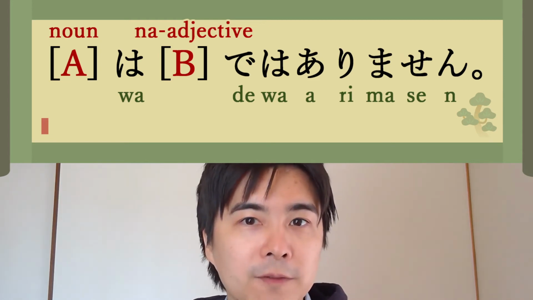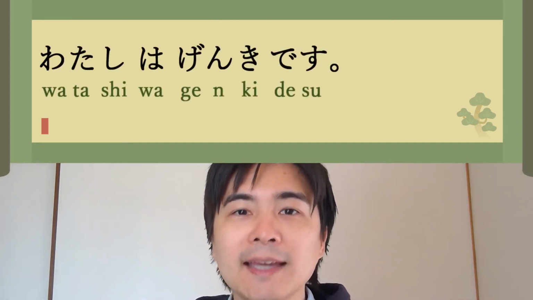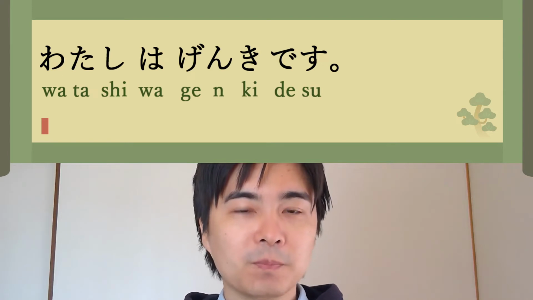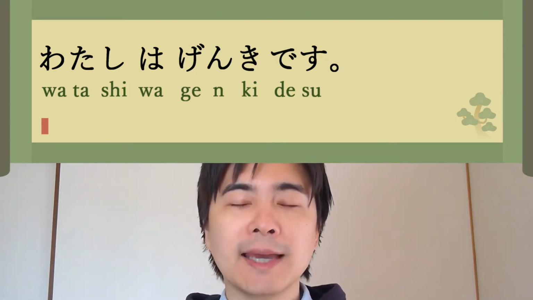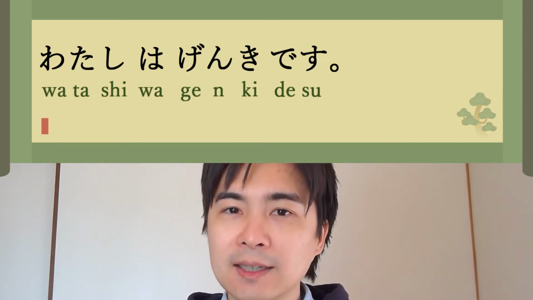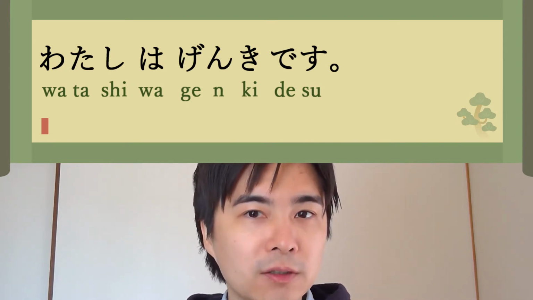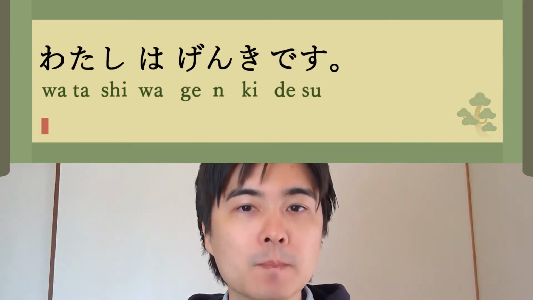For example, in the previous chapter, we learned 私は元気です。This means I am healthy. 元気 is a na-adjective. So how do you think we should say I am not healthy?